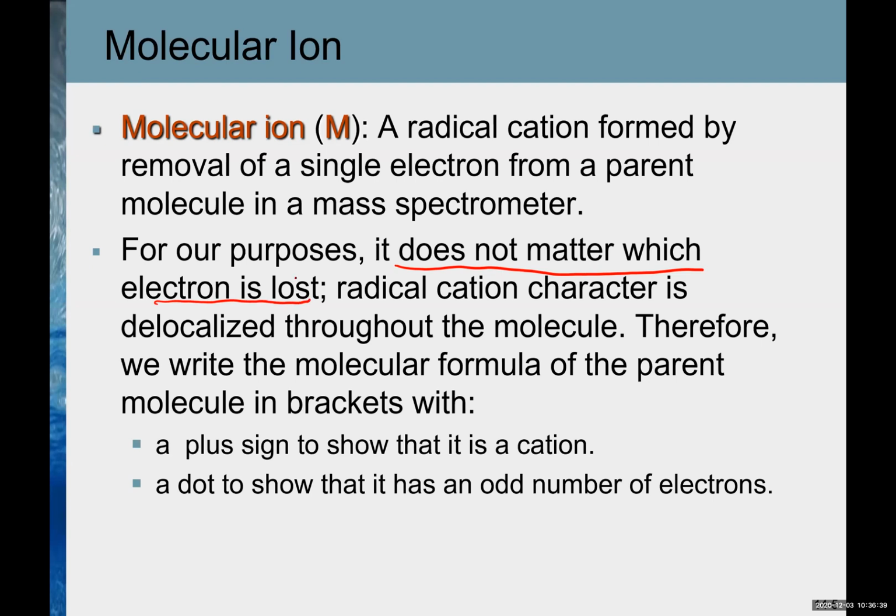As long as we get a molecular ion and it gets detected by the detector, we're going to get our signal. We will get some idea later on about which electron will be preferably broken up, but at this point it doesn't matter.